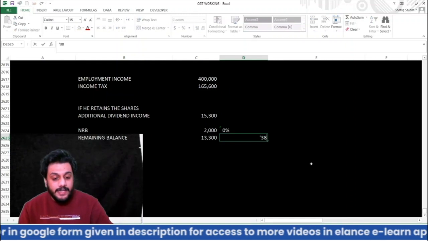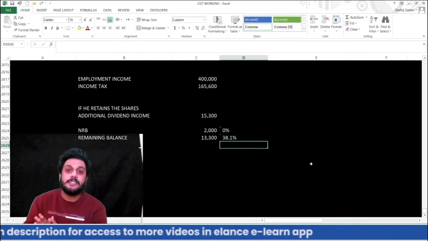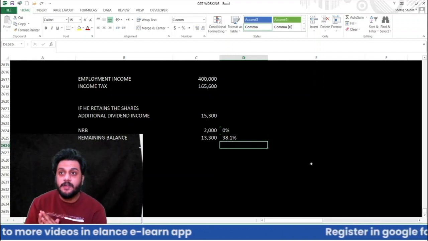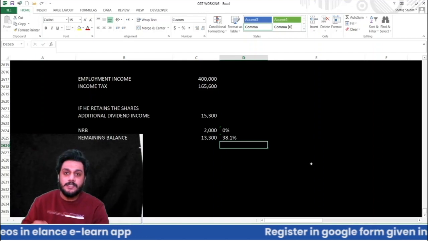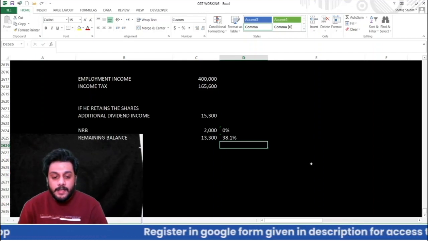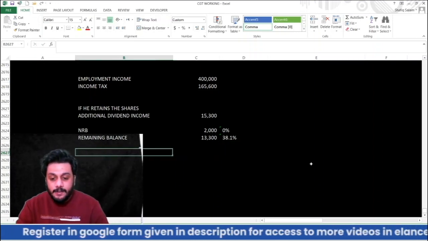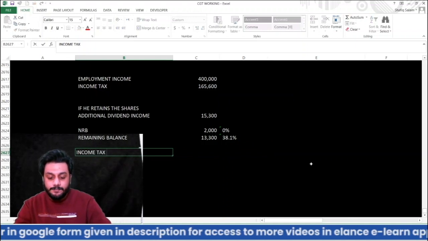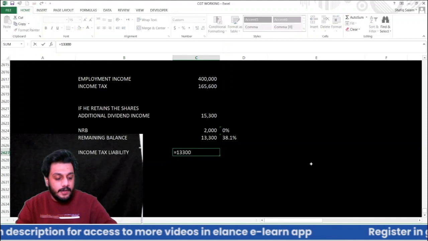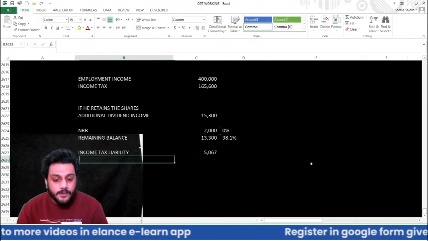Because his basic limit, higher limit, and additional limit are already crossed. Since his employment income is 400,000, dividend income cannot use the basic limit again because it has already been used by the employment income under the non-savings income heading. So his 13,300 will be taxed at 38.1%, and the income tax liability of that would be 13,300 into 38.1 percentage, that is 5,067.